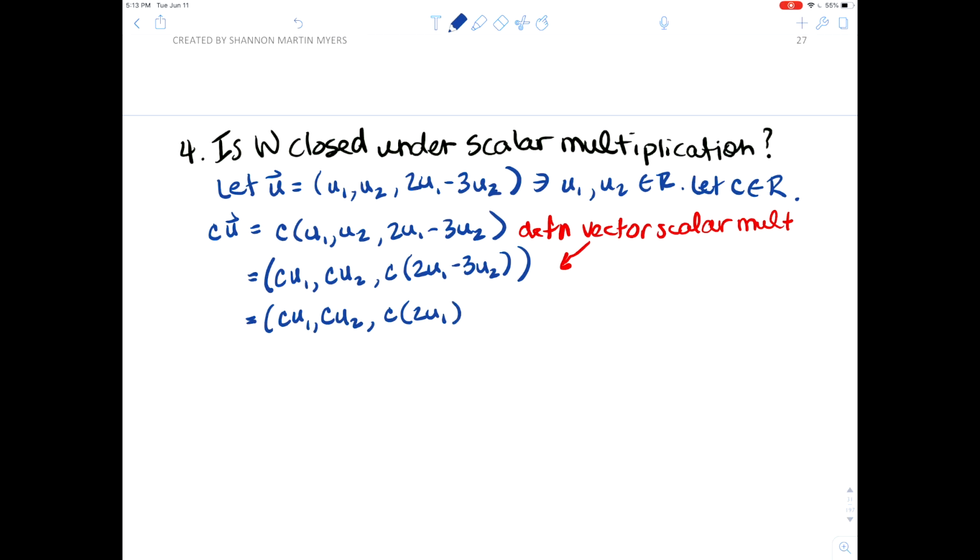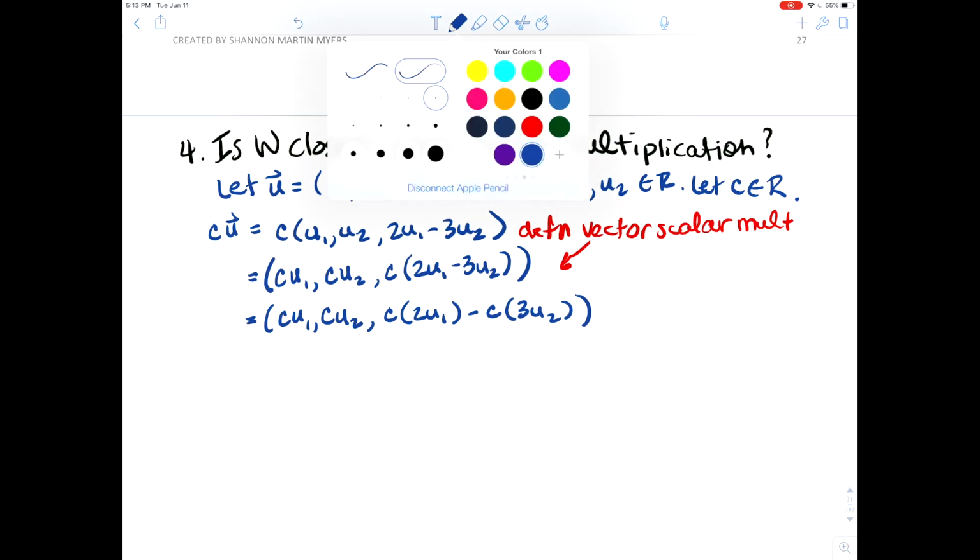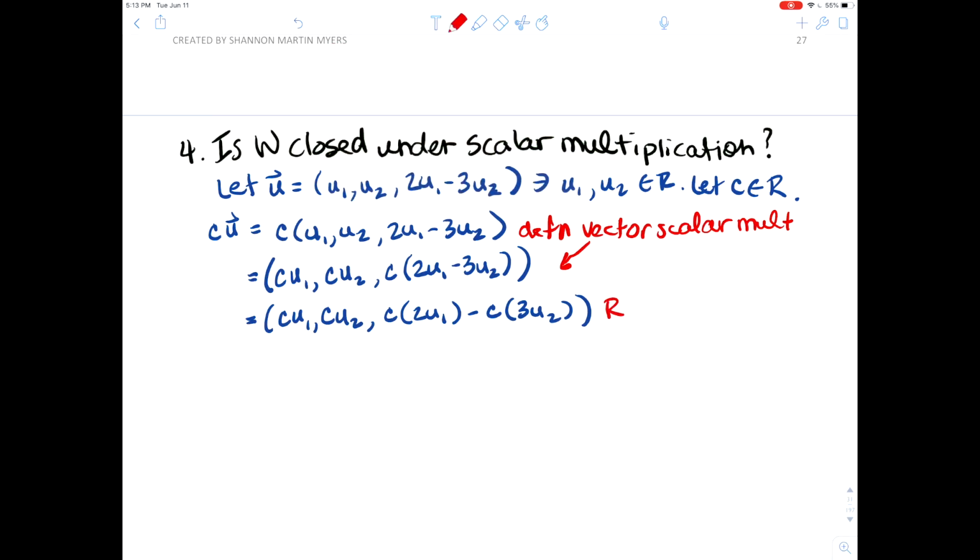So it'll be c times quantity 2U1 minus c times quantity 3U2. And I can do this because the set of real numbers is distributive under multiplication.